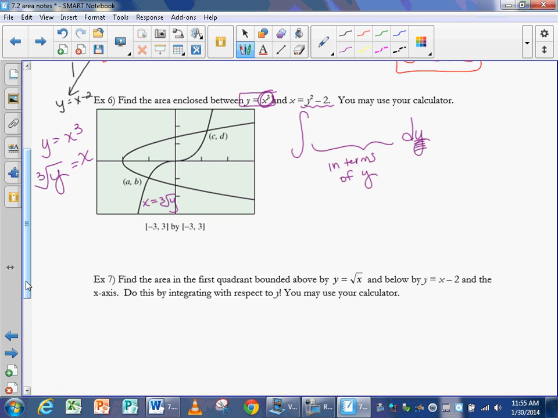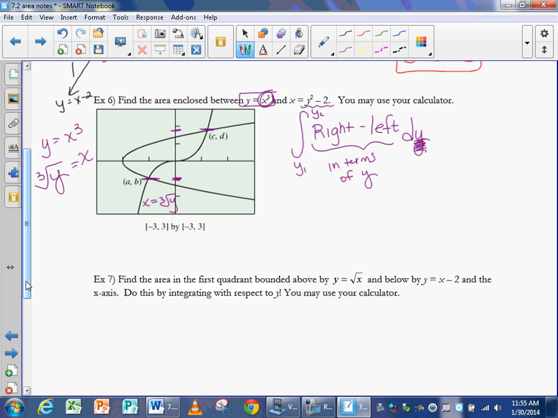Now, we used to integrate top minus bottom if I was integrating with respect to x, but when I'm integrating with respect to y, instead we're going to do right minus left. And another thing that's important is since we're in terms of y, these need to be y values. So I need y boundaries for whatever this is and whatever that is. I'm going to use my calculator to figure it out.